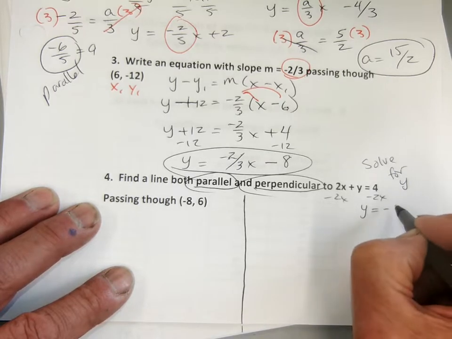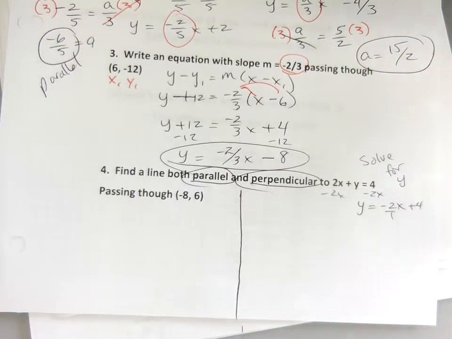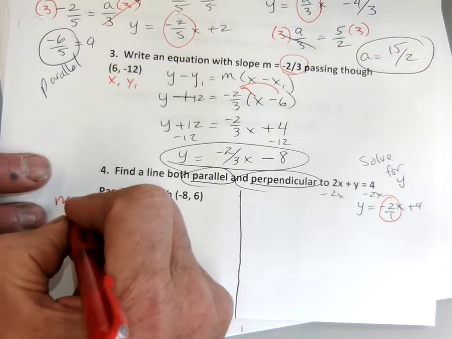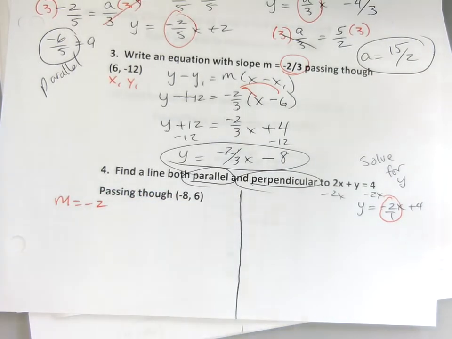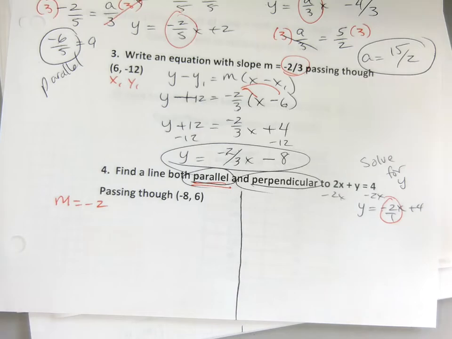Y is equal to negative 2x plus 4, 2 over 1. So I have the slope. Over here I'm going to write m equals negative 2.